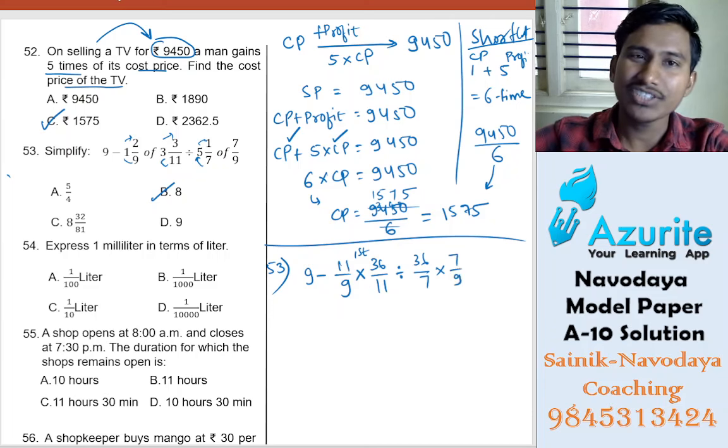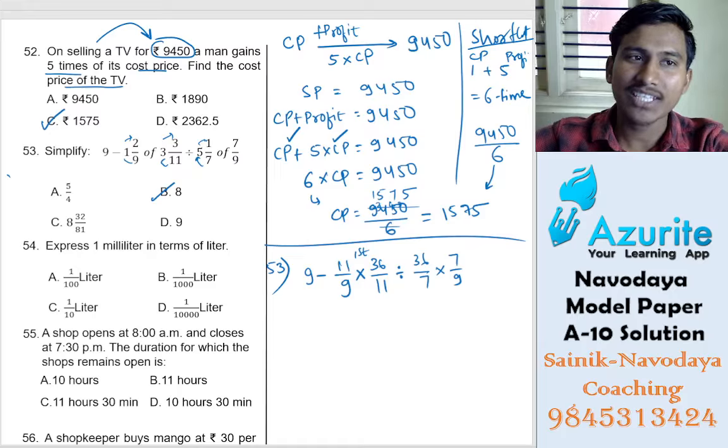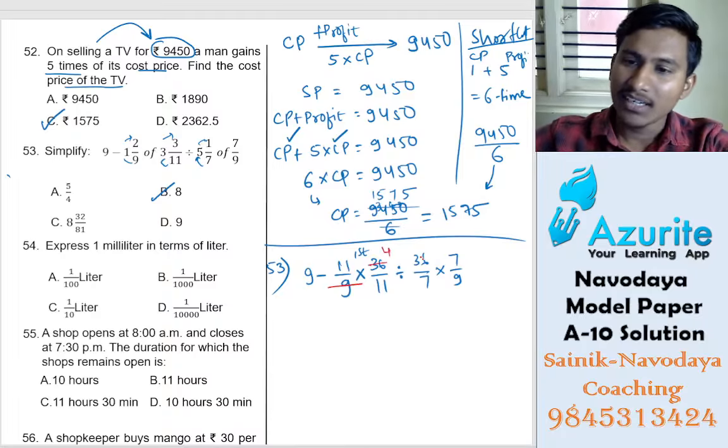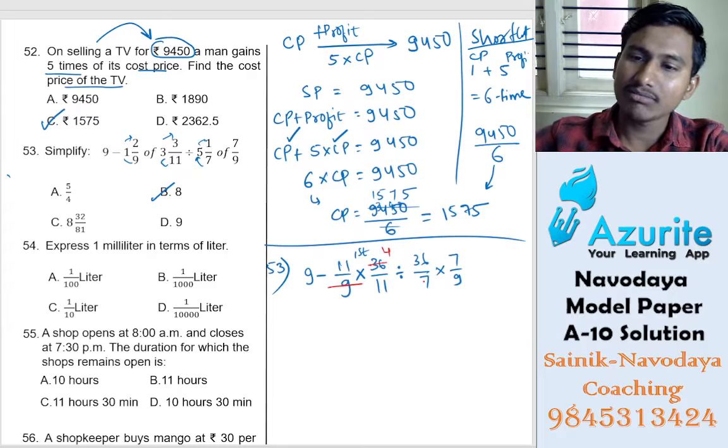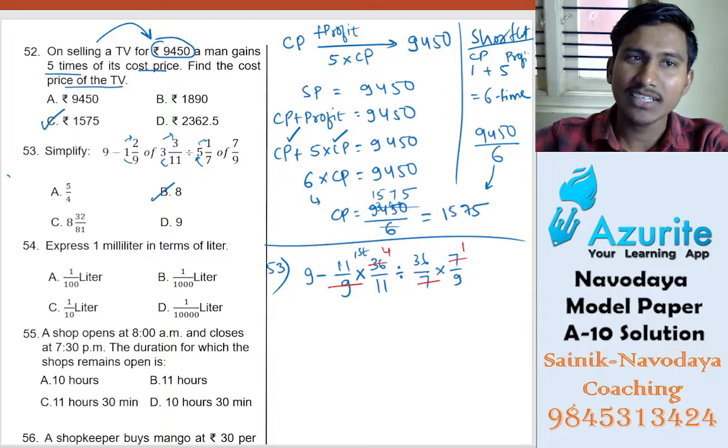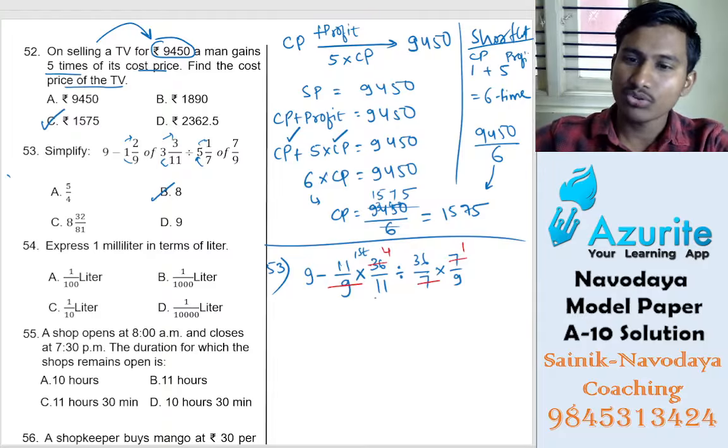We know in the division we can cancel out, cross cancellation. So 9 ones are 9, 9 4s are 36, right? And here 7 ones are 7, cancels out. Next here let us cancel with green. So 11 ones are 11, cancels out.